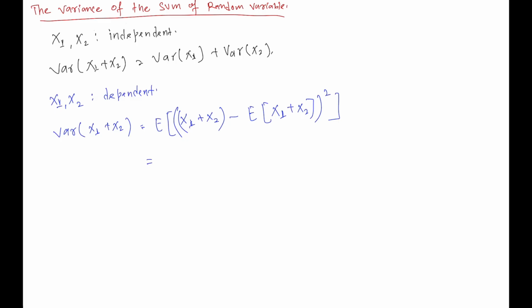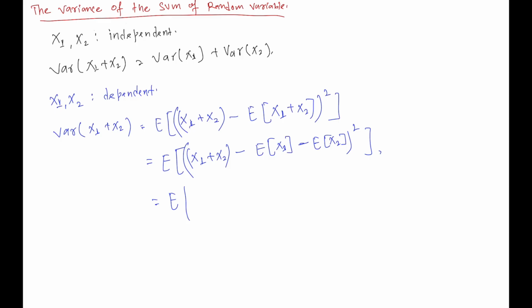Now what we can do is simply rearrange. First of all, let's use the linearity and expand this one. So the expected value of the random variable x1 plus x2 minus, using the linearity, the expectation of x1 minus the expectation of x2, and this whole square term will always be there.